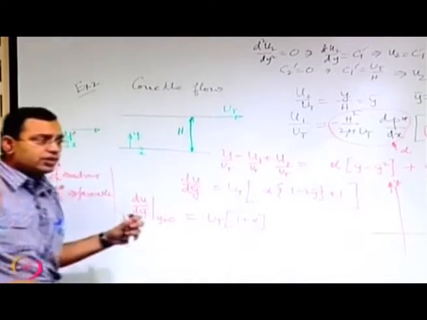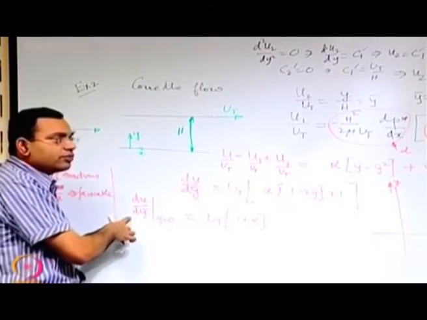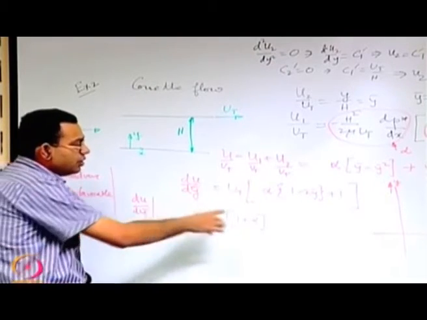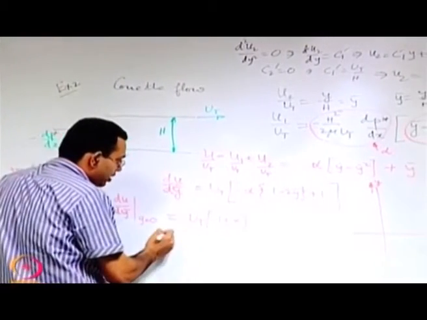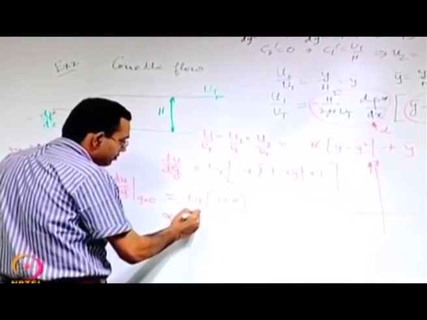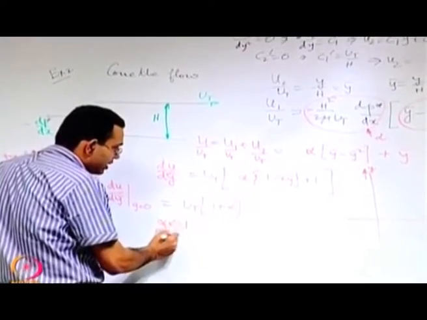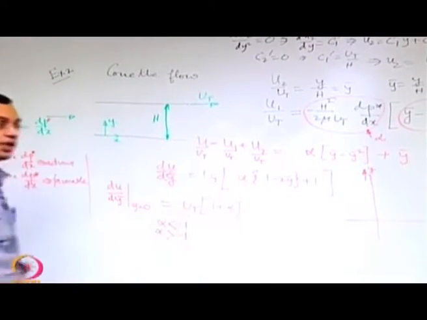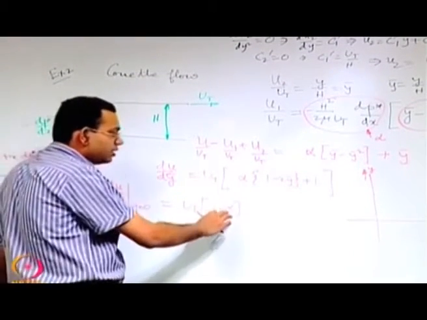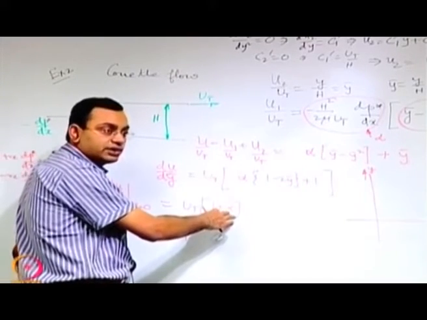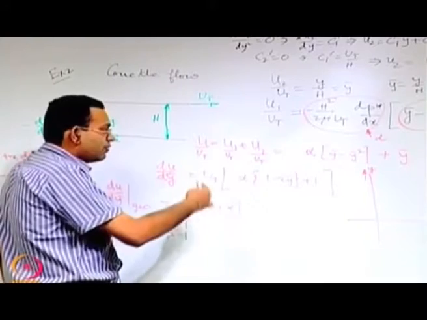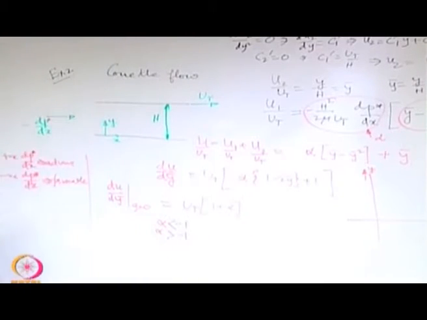Now the situation is that du dy at y equal to 0 depends on the extent of negativity of alpha. There may be one range of alpha where alpha is less than minus 1 and another range where alpha is greater than minus 1. If alpha is greater than minus 1, although it is negative, the sum will be positive, so you will have a positive slope of the velocity profile.